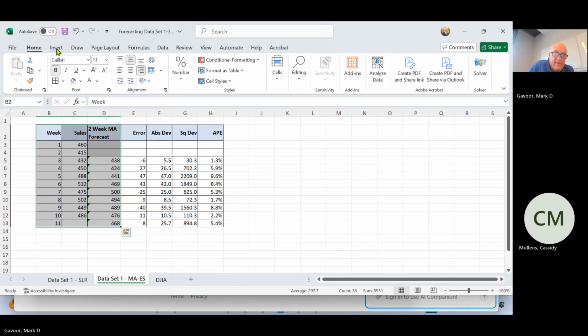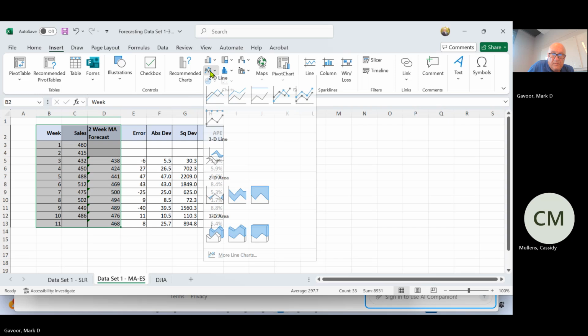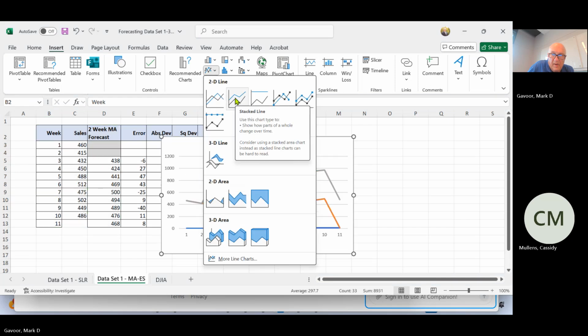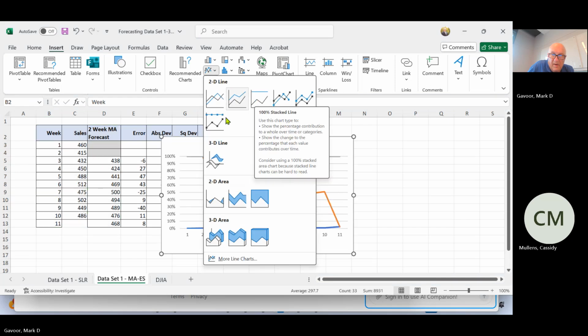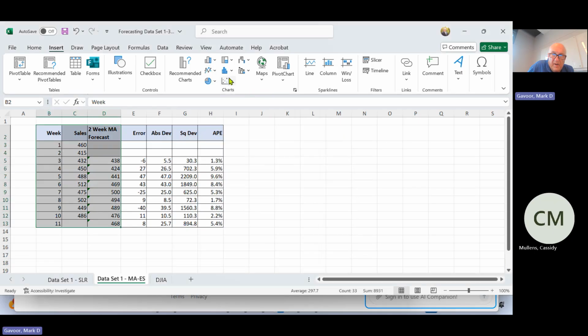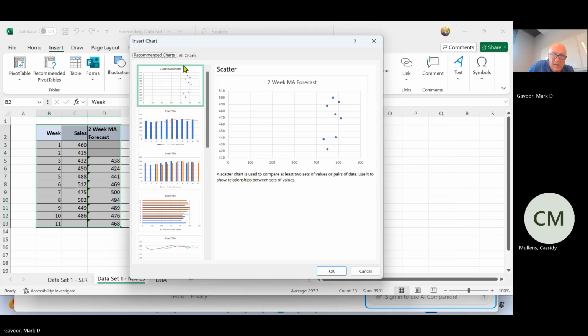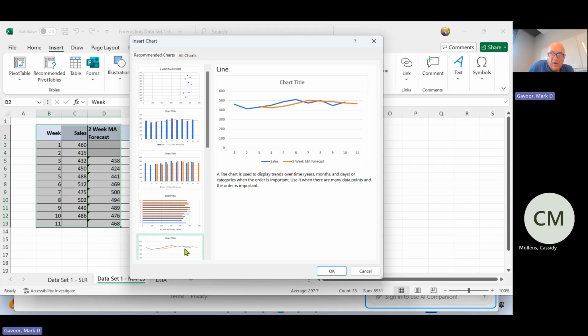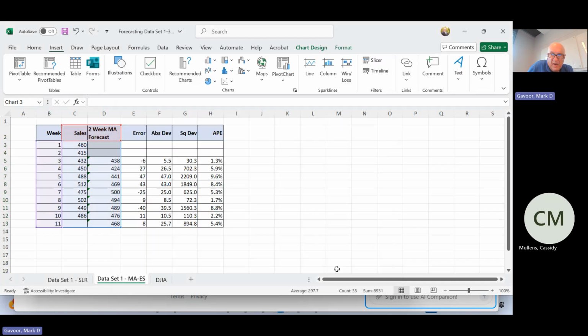Insert. Nope, nope, nope. This is the one I want. There we go. I got sales and 2-week moving average. I like the key on the bottom. I'd probably leave it that way.